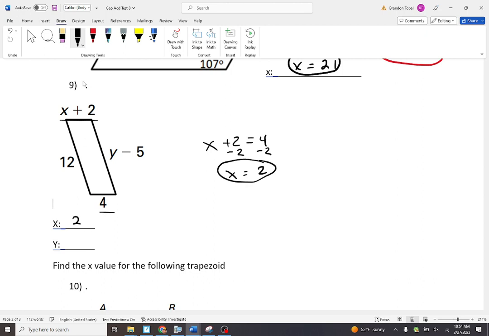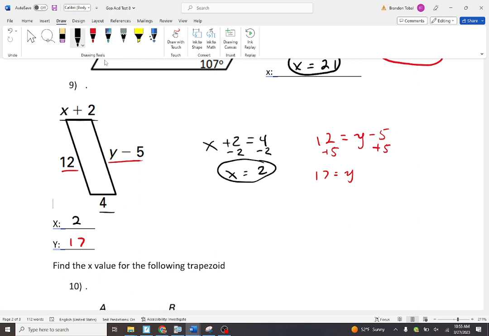Pretty easy. And here and here, 12 equals y minus 5. Plus 5 on both sides, 17 equals y. So 17 here. Very simple. Remember, opposite sides of a parallelogram, kind of like a rectangle, a rhombus, or a square, should be equal to each other.